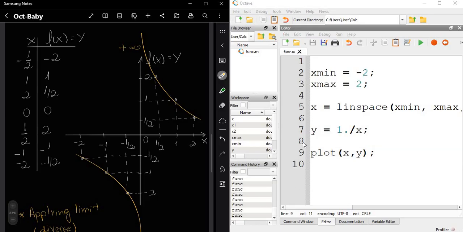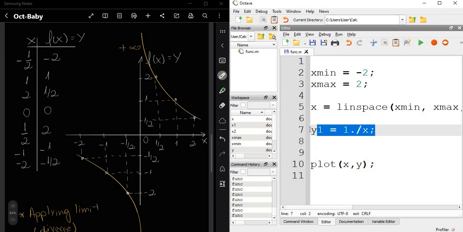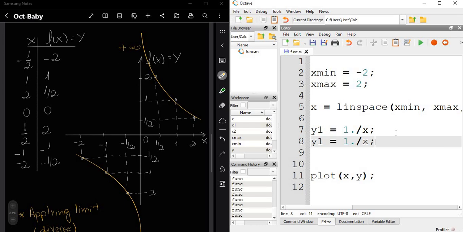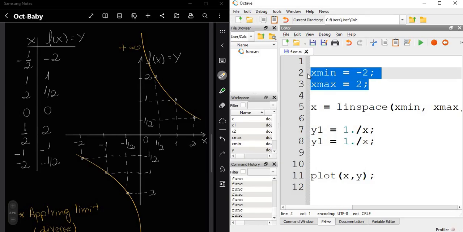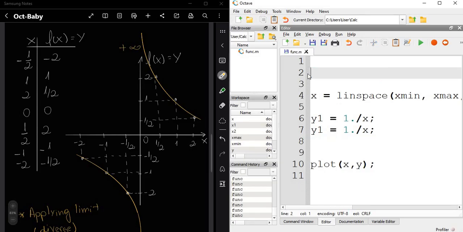So to do this we will split into two functions, something like right here y1, and right here y2. So we will split into functions to represent the two branches of this function, 1 over x. Okay, and also right here we will change the strategy. Right now we will specify in the form of a vector.